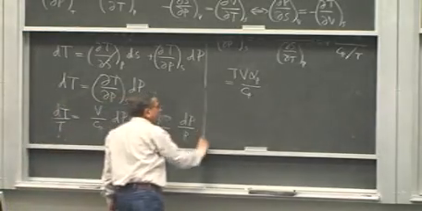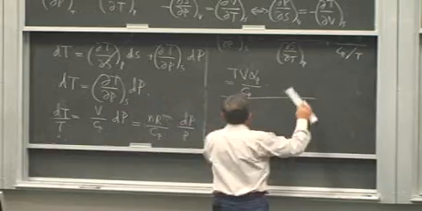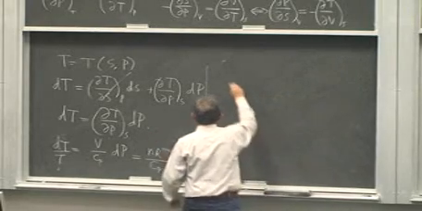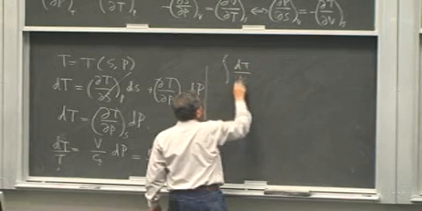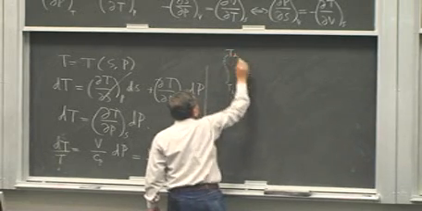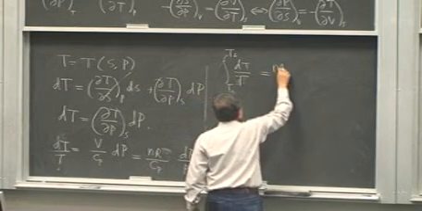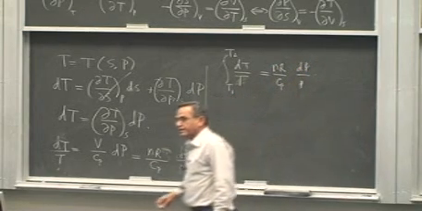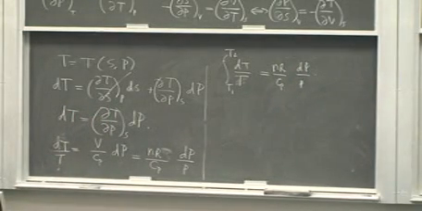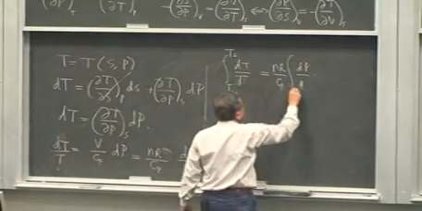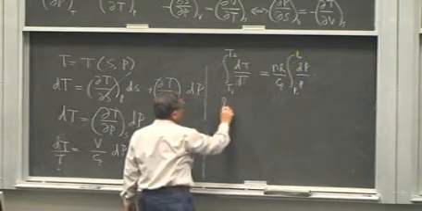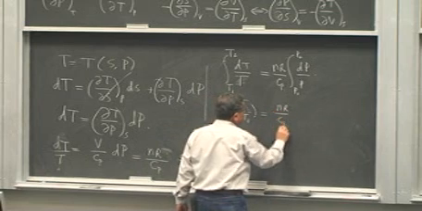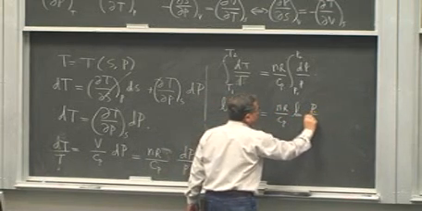Let me then erase these things. Done. We don't need this. So what we have is the integral of dT over T from T1 to T2 equal to nR over Cp times dP over P, and this is integral P1 to P2. So you have log of T2 over T1 is equal to nR over Cp times log of P2 over P1.